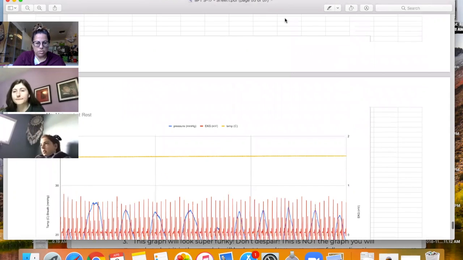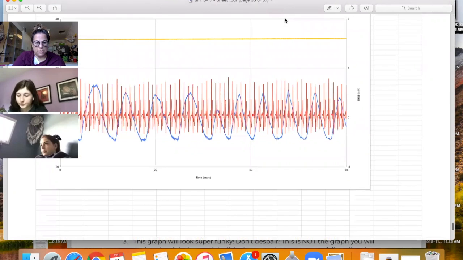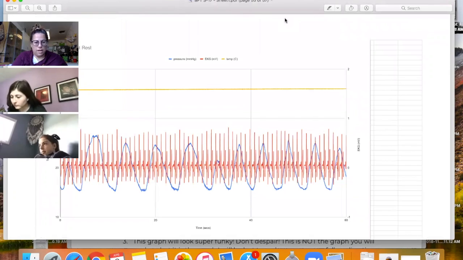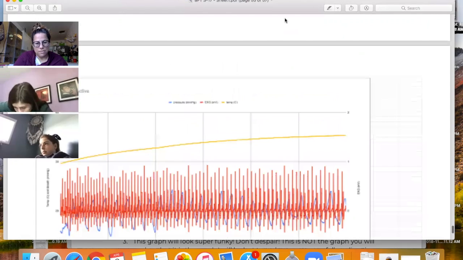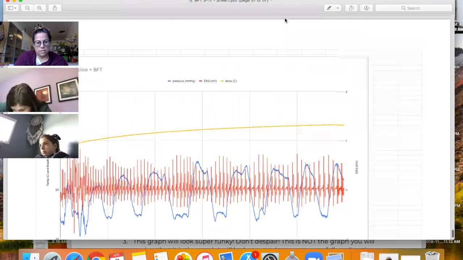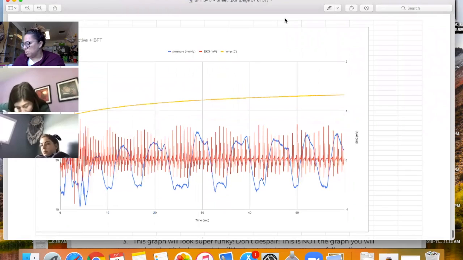Okay, so you should have 3 graphs that I gave you at the bottom of that PDF. One is at rest, one is active, and one is active plus BFT. Everybody's cool on that? Amanda, good?